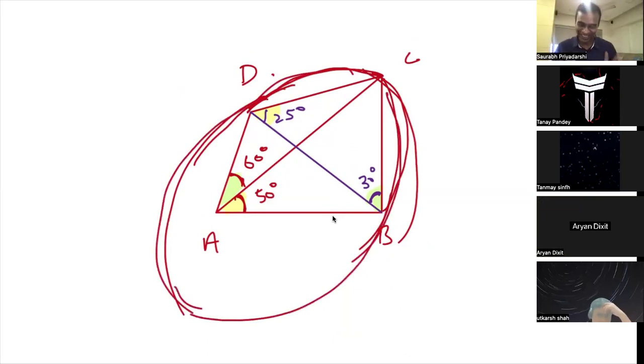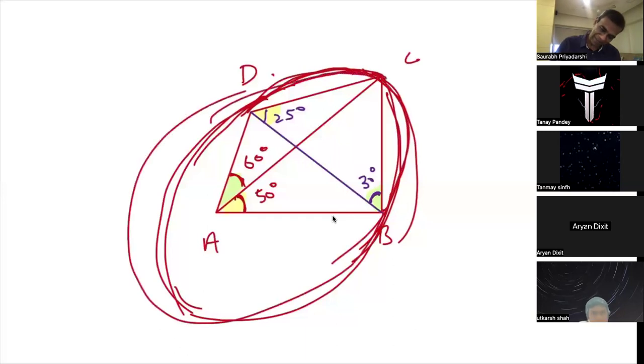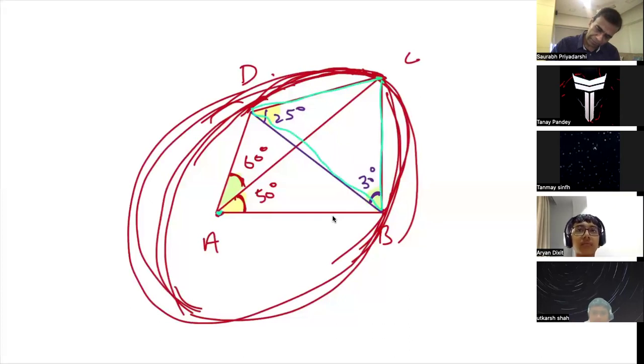Excuse me for this figure, but this is the circle, having center at A. For this triangle, CBD, this angle is 25 and this angle is 50.